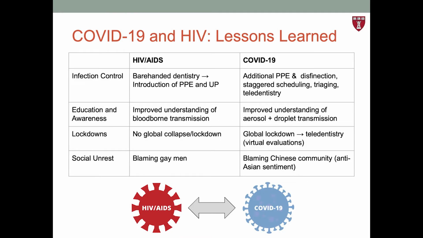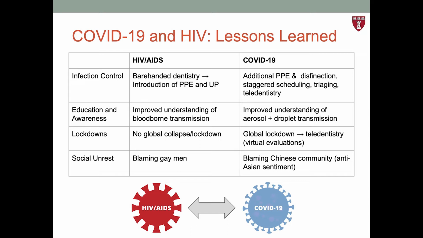A comparison of COVID-19 and HIV/AIDS can provide insight on the longitudinal impacts of pandemics. Just as COVID-19 introduced greater infection control, HIV/AIDS introduced universal precautions and personal protective equipment to the common practice of bare-handed dentistry.